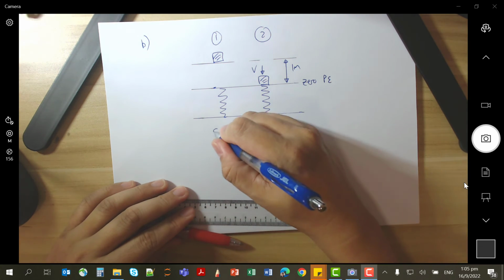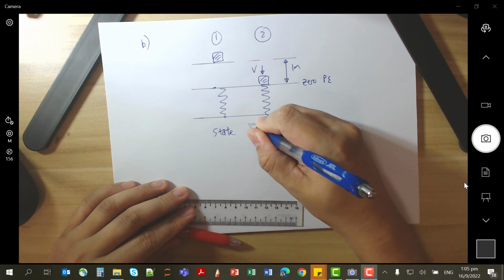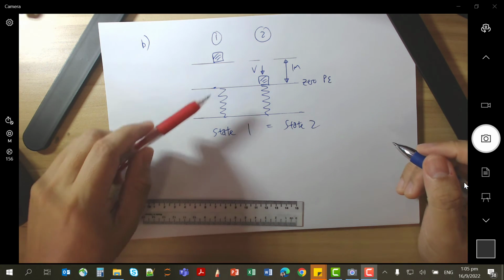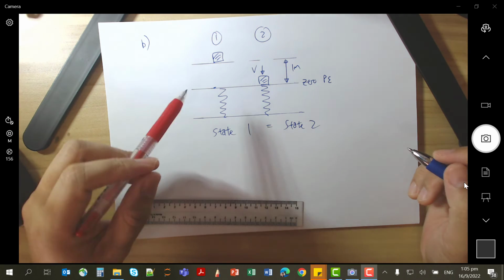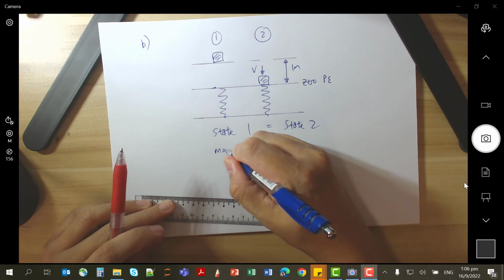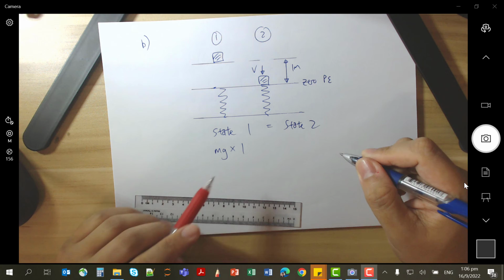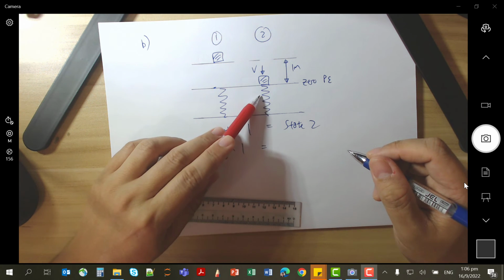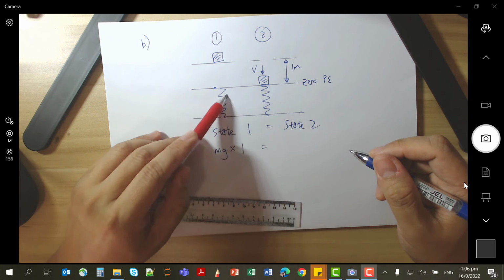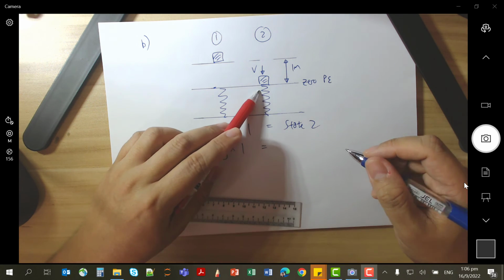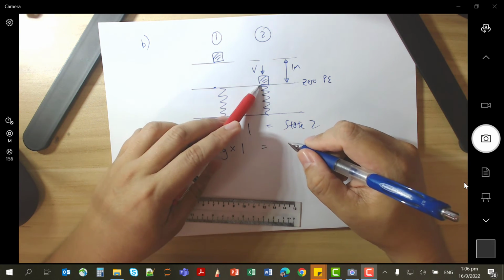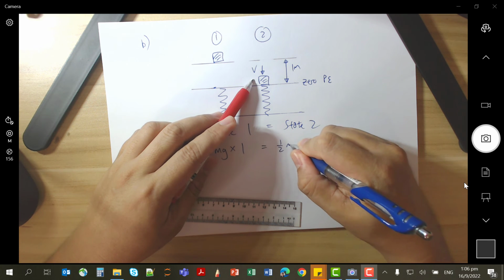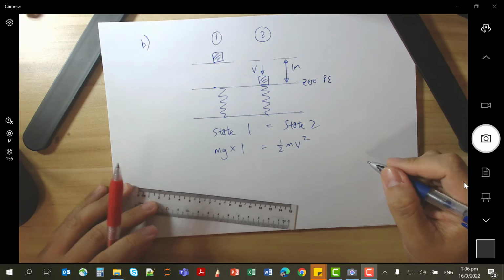Again, state 1 equals state 2. State 1 only has potential energy, and how much? mgh, where h is 1. State 2 does not have any spring energy, because in both states the spring is not compressed. So this one only has kinetic energy, half mv squared.